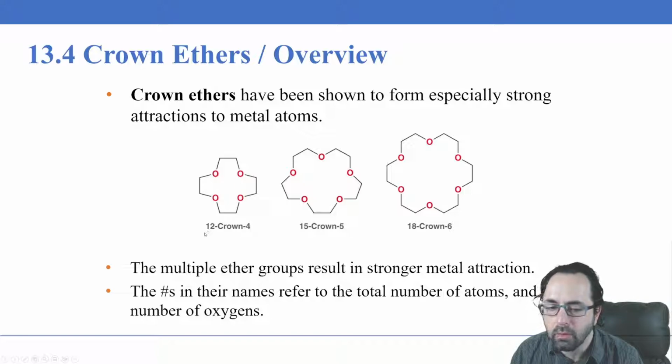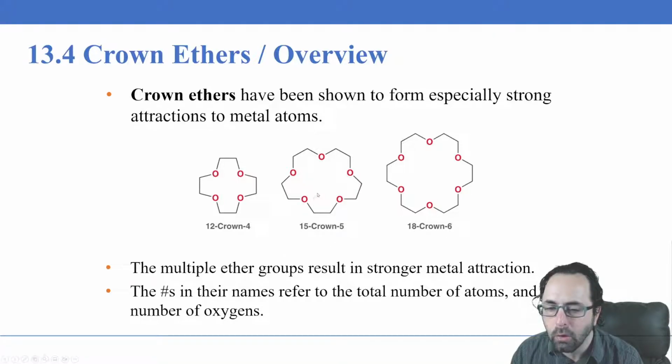So that's 12 atoms total. And then it says crown 4 because there are 4 oxygen atoms in the crown. And then similarly here, there's 15 total atoms in this crown ether, 10 carbons, 5 oxygens. So it's called 15-crown-5. This one has 18 atoms with 6 that are oxygen, 18-crown-6.